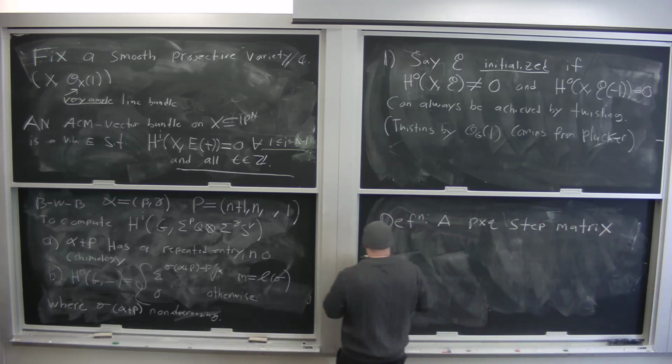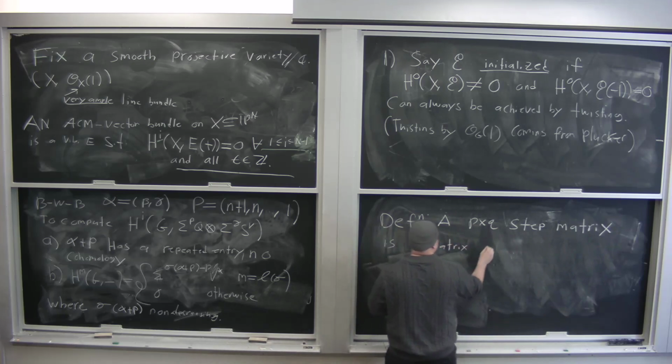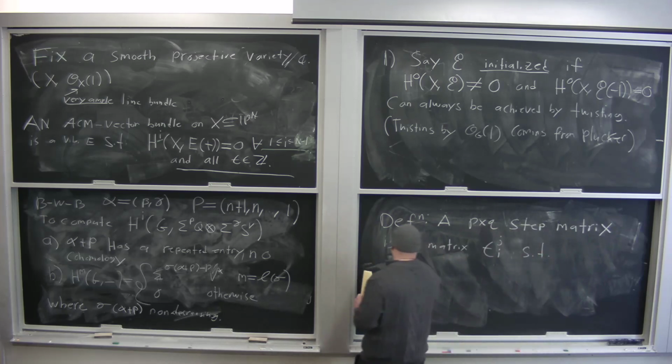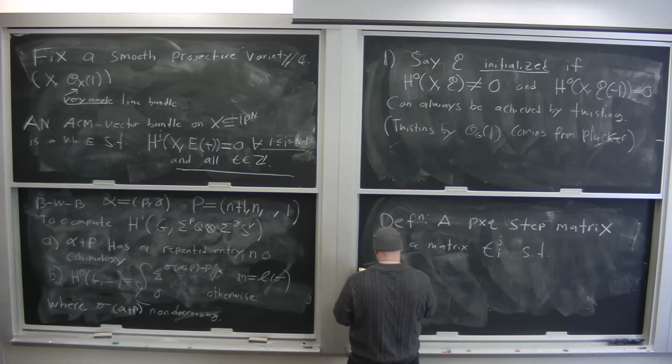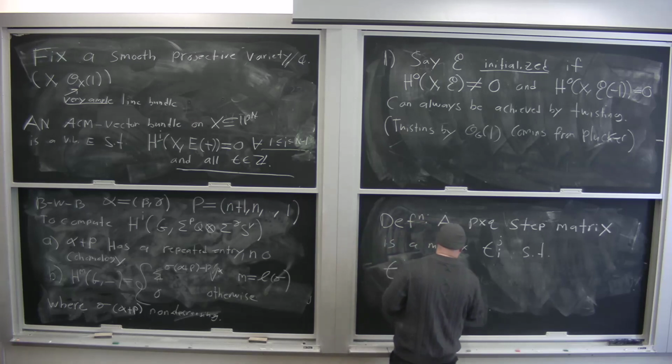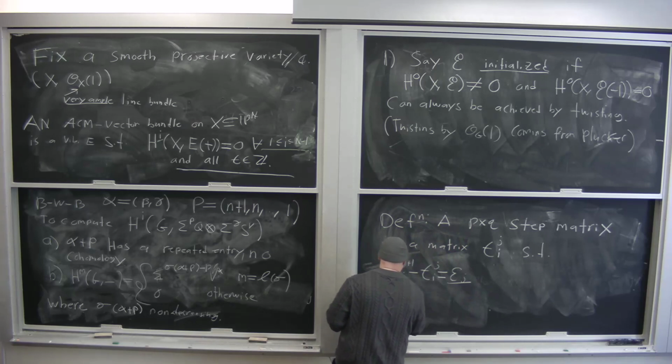A P by Q step matrix is a matrix T_{ji} such that T_{j+1,i} minus T_{ji} is equal to epsilon_j, and T_{j,i+1} minus T_{ji} is equal to gamma_i.